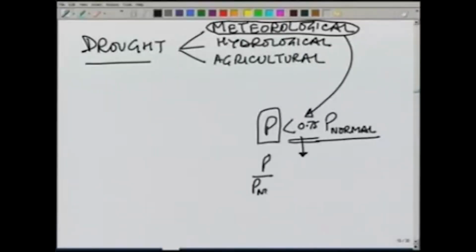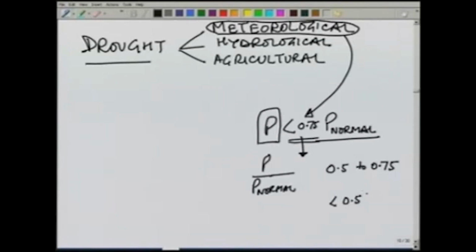So, this ratio of P over P normal can be, let us say, 0.5 to 0.75, or it may even be less than 0.5.